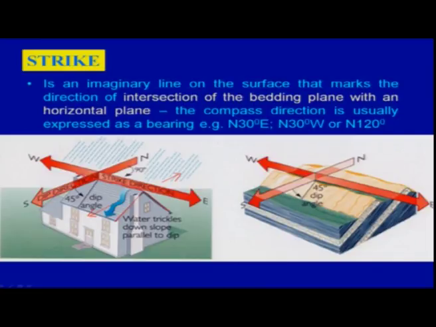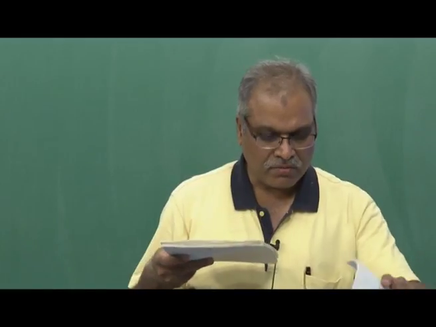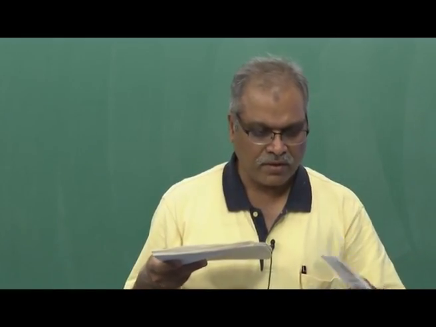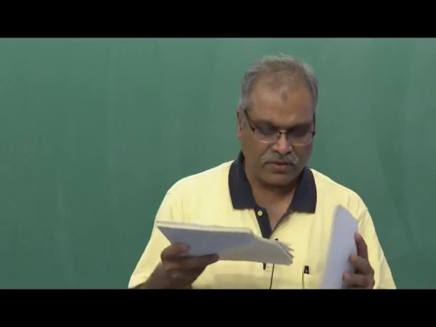So, the strike is an imaginary line on the surface that marks the direction of intersection of the bedding plane with a horizontal plane. Suppose we have a horizontal plane here, and some beds which are tilted. Inclined beds are there, and then we have the horizontal plane.